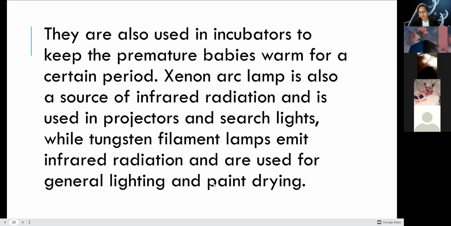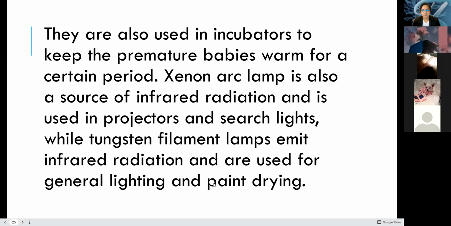One good example again is in the case of blue babies and babies that are born with low temperature, hypothermia. Hypothermic, their temperature when they are born is below the normal temperature.